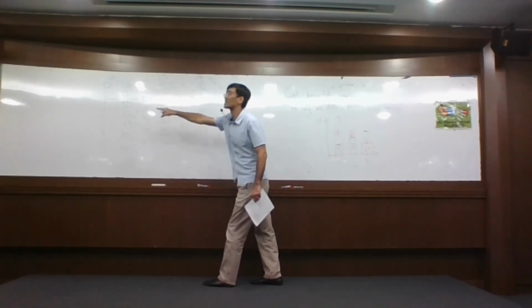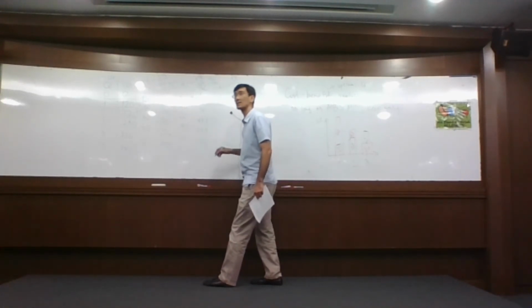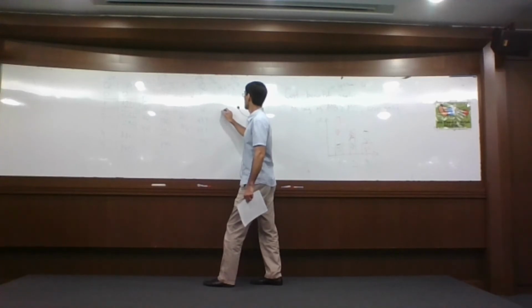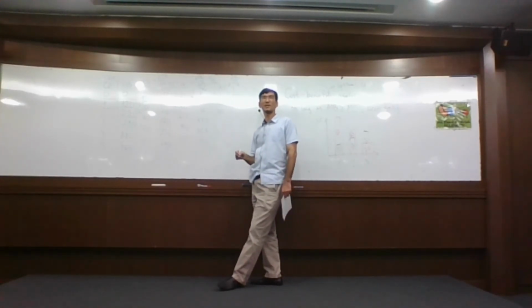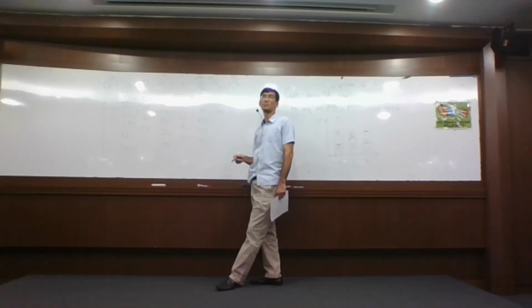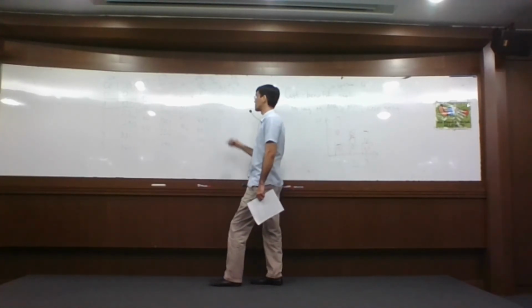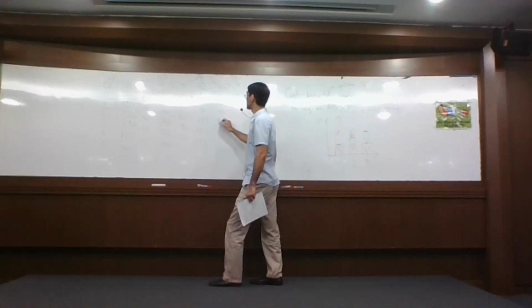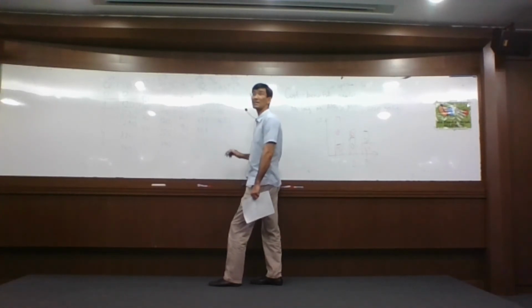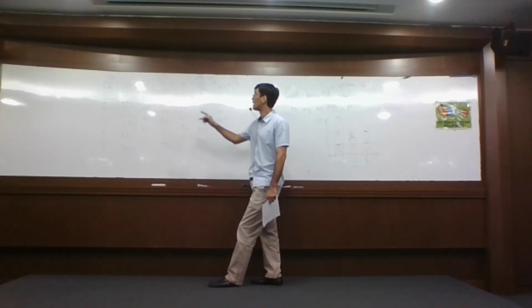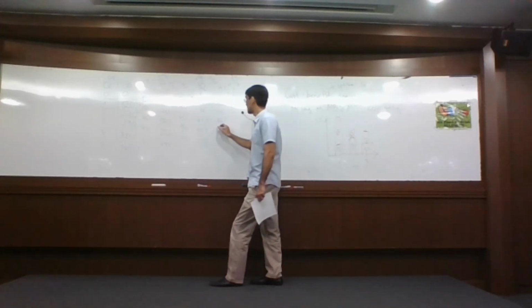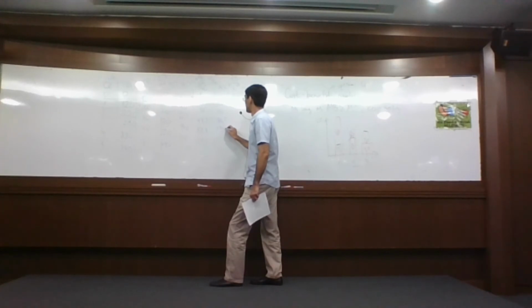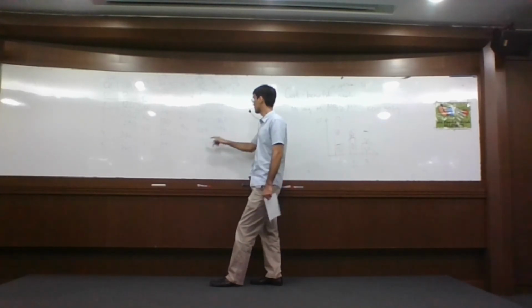Average benefit of 2 ice creams is 110, yes? Average benefit of 3 ice creams is 290 divided by 3. 270 divided by 3 is 90 plus 2/3. So that's 96.7, I think. Correct me if I'm wrong. 330 by 4, I'm just going to leave it as it is. And 340 by 5, same as here.